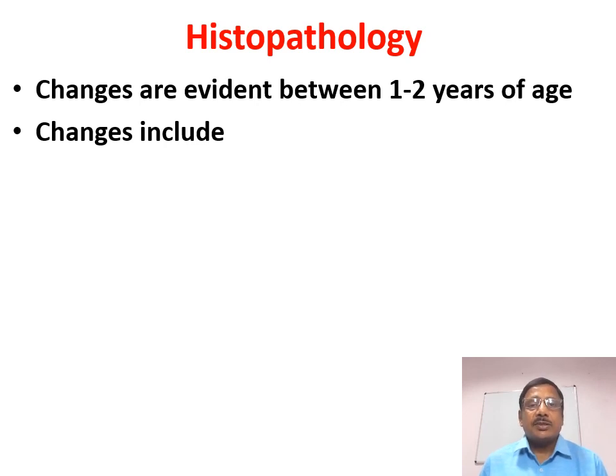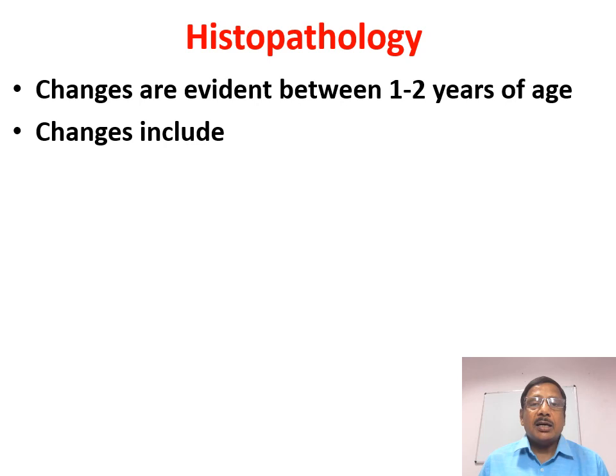See, the testis is supposed to remain outside the abdomen so that it can sustain its vitality. The germ cells, the Leydig cells and the Sertoli cells do not sustain the higher temperature of the body. So that is why they are brought outside the body, where the temperature is 1 to 2 degrees lower than core body temperature.